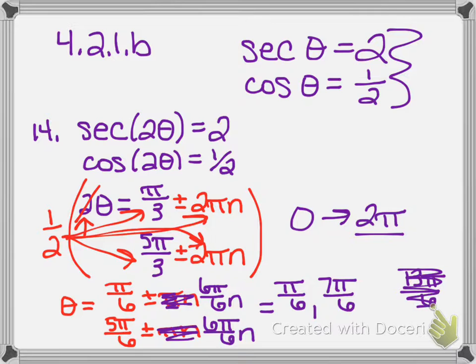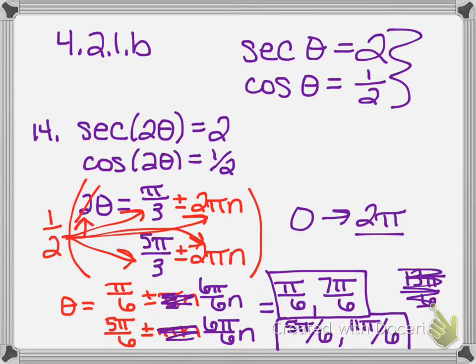So these two answers are the two answers from our first general solution. And then the second general solution gives us a primary answer of 5 pi sixth. And then when we add 6 pi sixth to it, we get 11 pi sixth as the second answer. And then we're done with that one as well. And so there's our 4 answers.